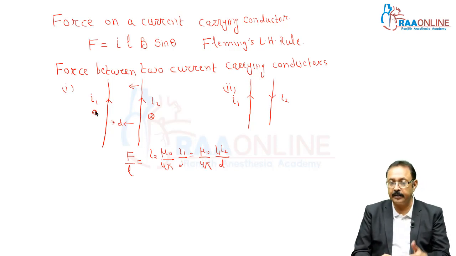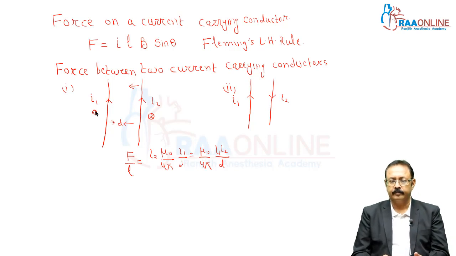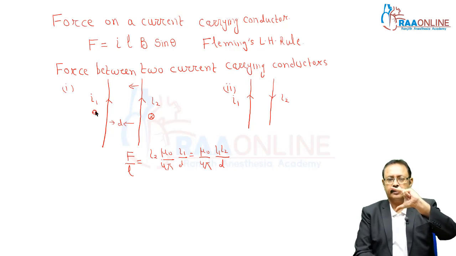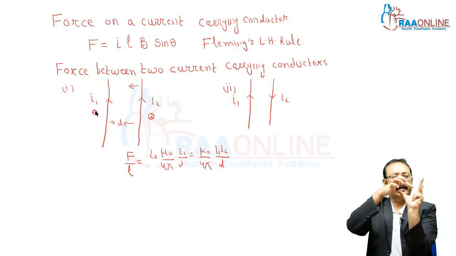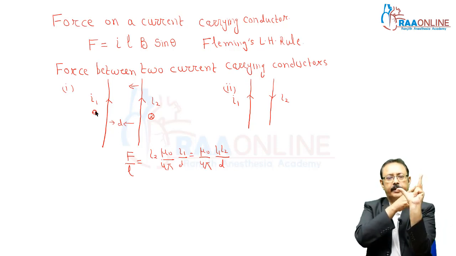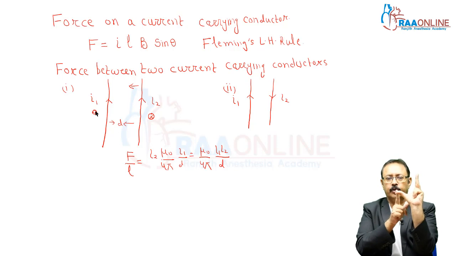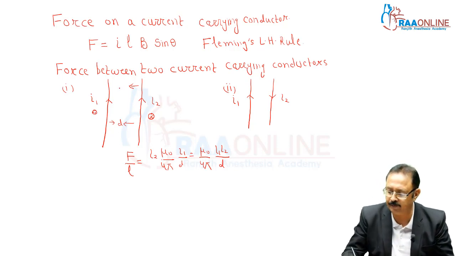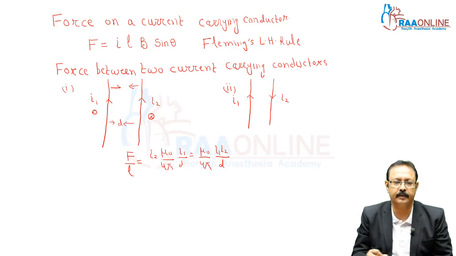Now we will use Fleming's left hand rule. Field is outside, so forefinger should be outside. Central finger should be in the direction of current. Direction of current is outside the page. Where thumb is pointing towards the second conductor means it is experiencing a force towards this.